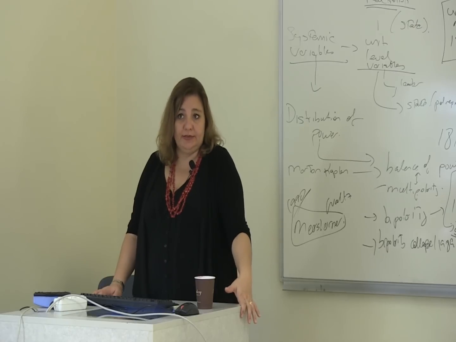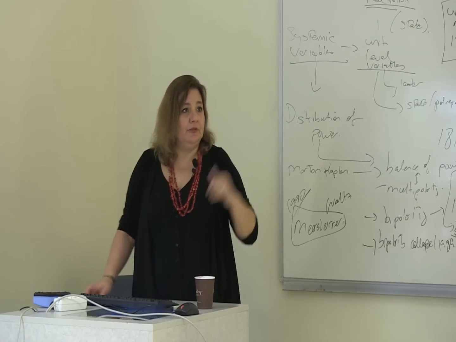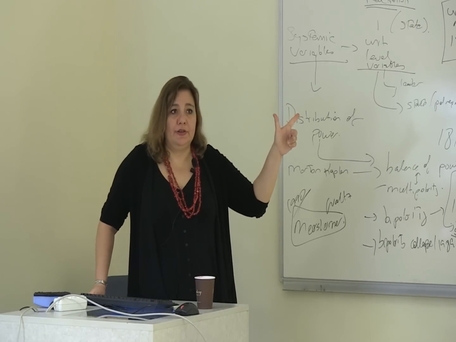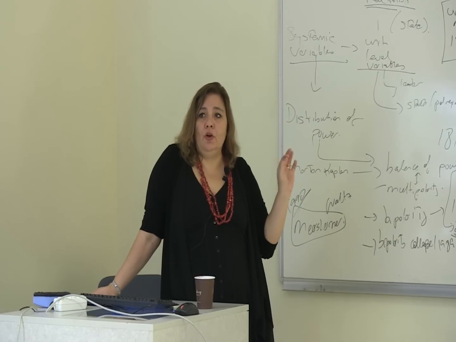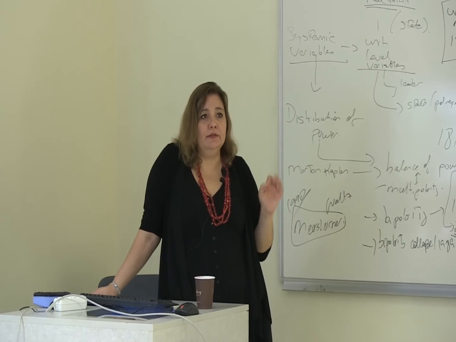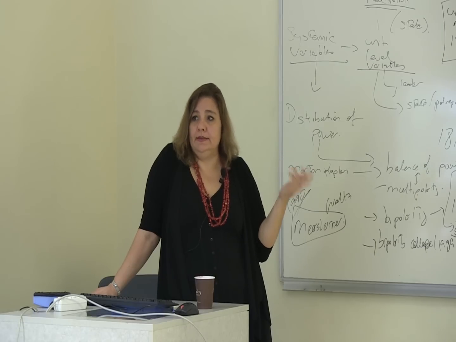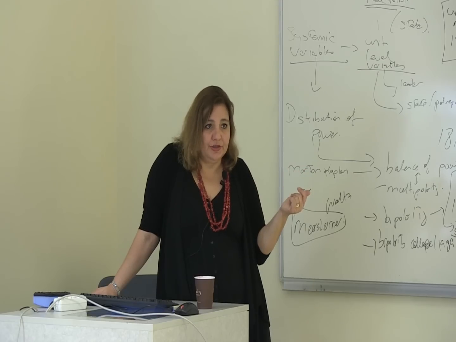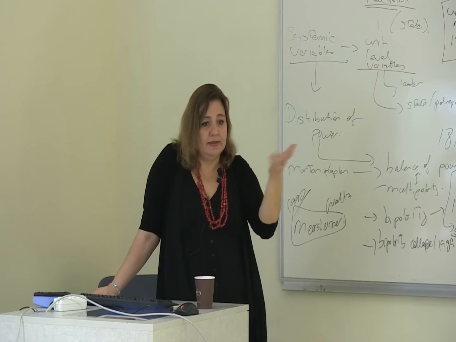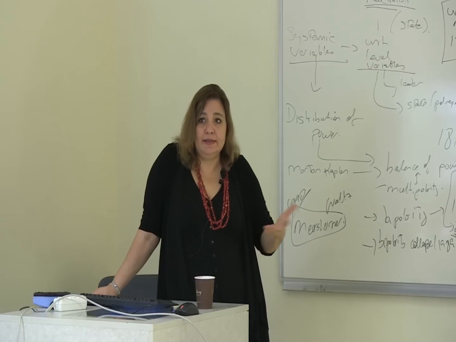36, 37%. Okay? World population, 19th century. Something like 35% of the world population was living in Europe at the time of World War I. Today, European population is less than 10%.